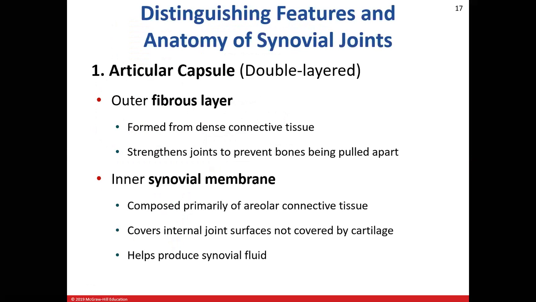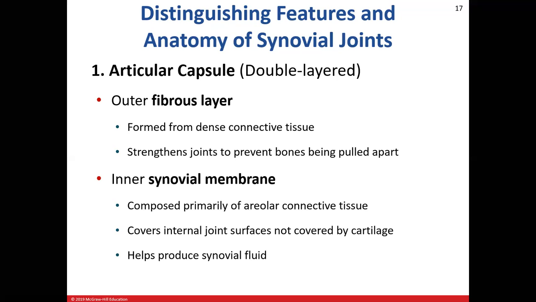So let's look at some of these distinguishing features of the synovial joints, and we'll look at a little bit more specificity with some of them. So the articular capsule is a double-layered membrane. We have that outer fibrous layer, and it's going to be mostly a connective type of tissue. And what it does is it helps to strengthen the particular joint in order to prevent bones from being pulled apart.